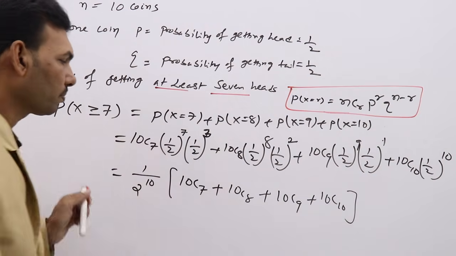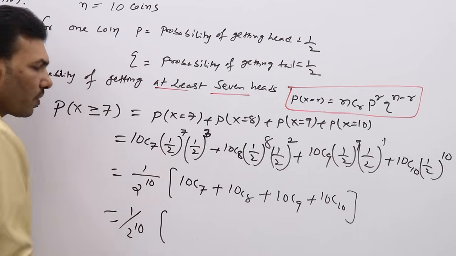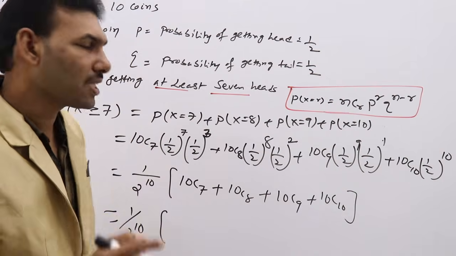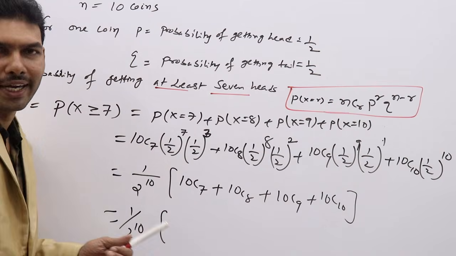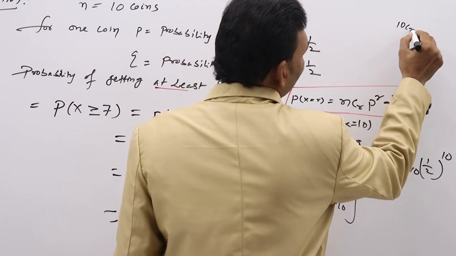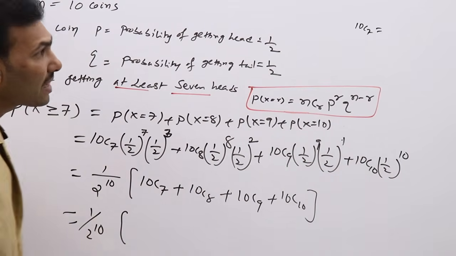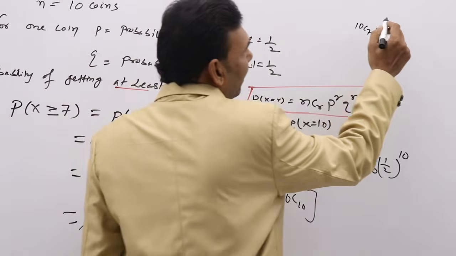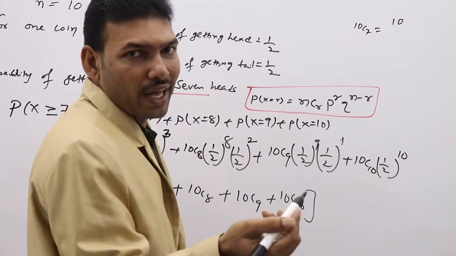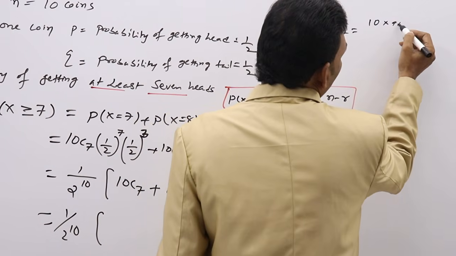We all know these values can be calculated using your calculator nCr. By pressing 10 nCr 7, you will get the value. Or another way of solving: 10C7 means 10 minus 7, that is 3. Write from 10, 3 terms decreasing by 1 in the numerator: 10, 9, 8.